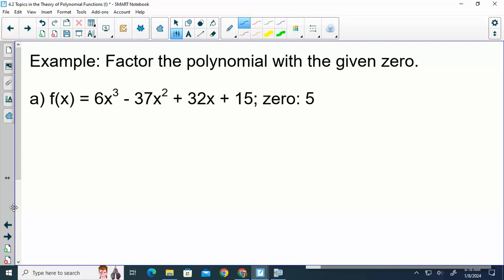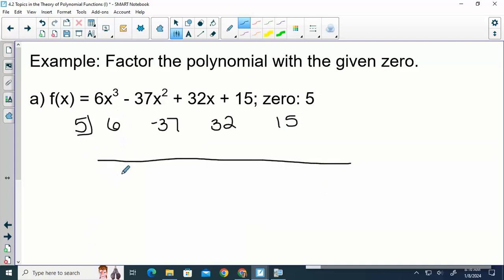So if 5 is a 0, we can divide this polynomial with the 5. We're just going to do synthetic division. So 6 comes down, those multiply to 30, add to -7, multiply -5, add to -3, multiply -15, and we know that has to be a 0 there because I already told you it was a 0.